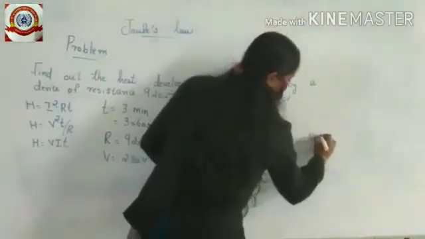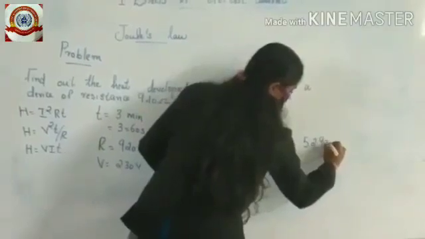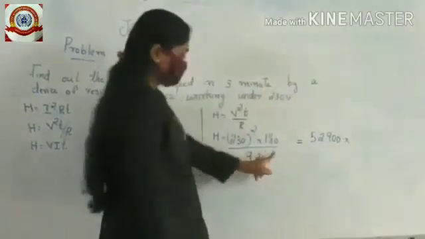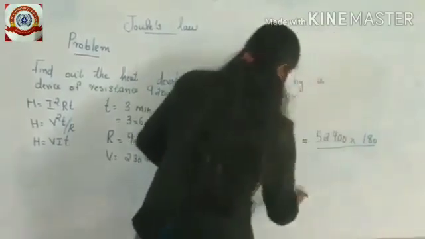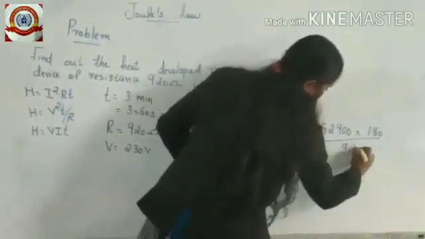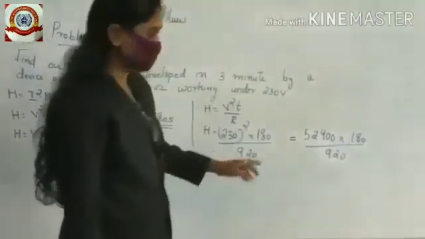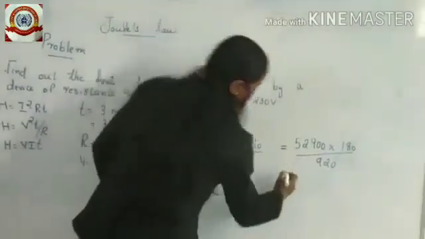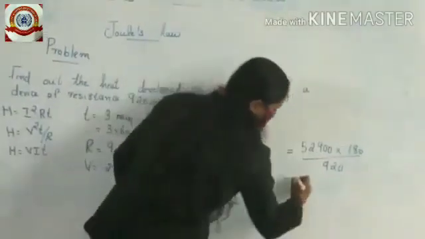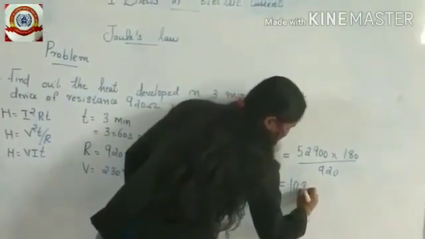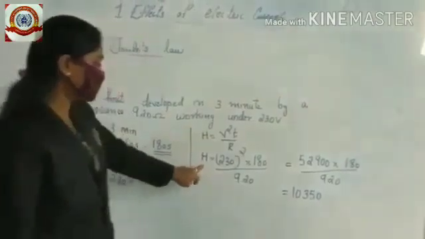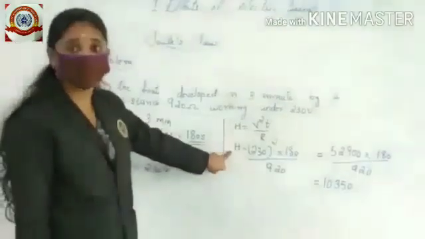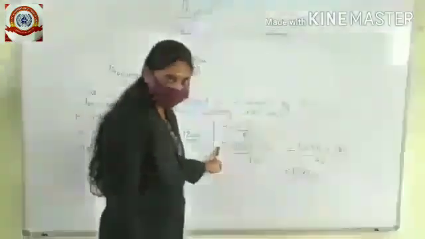The answer is 52,900 into 180 divided by 920. Okay, by solving these values, we got the answer 10,350. That is the answer for the heat developed in this device.